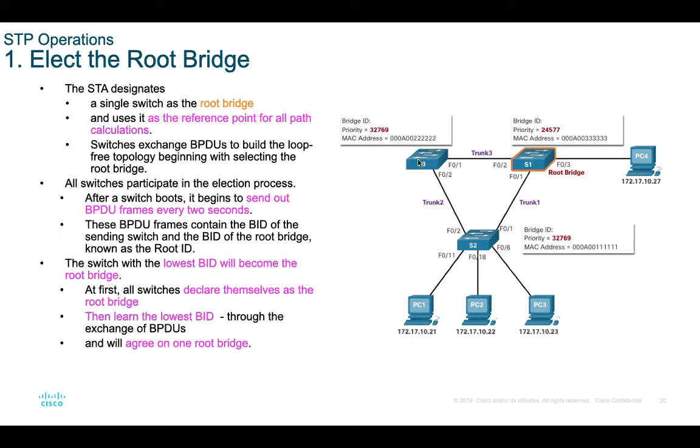Oh, there is a new root bridge, switch 1. So the calculation will always be redone if we add or remove a device inside our network. After a certain time they converge, and then we have a root bridge declared.